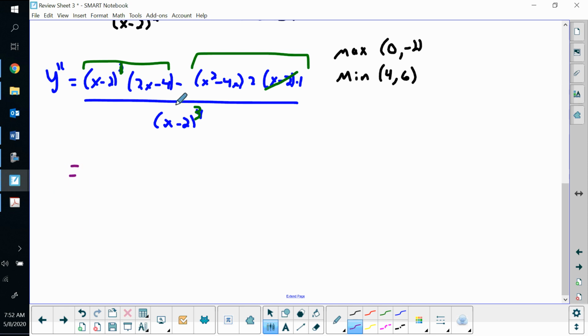We've got to FOIL out the first part here. So we'll get 2x squared, a minus 8x, and a plus 8.